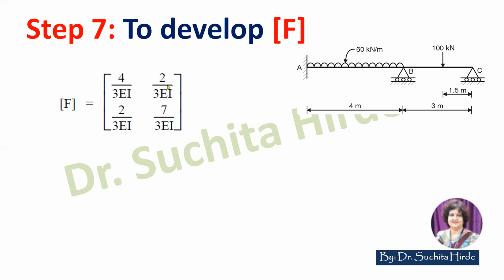And these values are the same, that is, this is a symmetric matrix. Therefore, this is F12 and this is F21. So F12 is equal to F21. So this is how we have developed all the matrices in the basic equation.